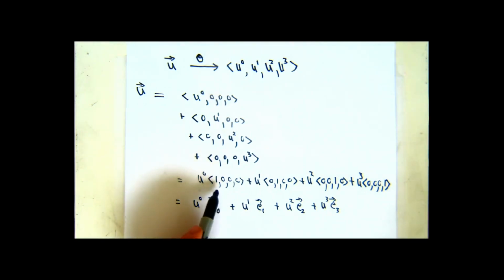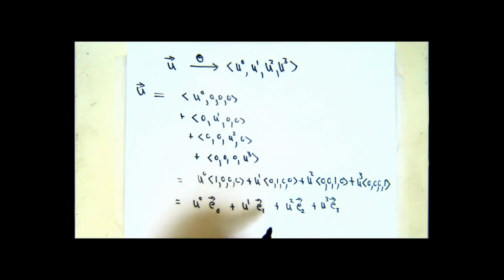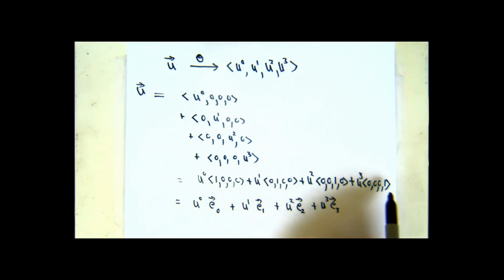We're going to call the vector whose components with respect to O are 1, 0, 0, 0, we'll call that E0. This one we'll call E1, that one we'll call E2, and that one we'll call E3.